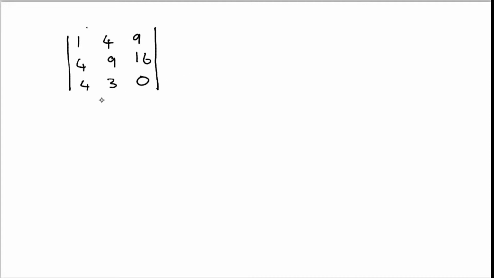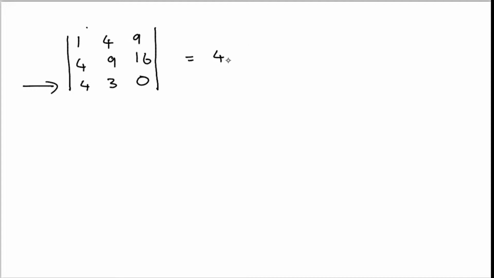So we can do it along this row. Determinant equal to 4 into, this 4 element is in the third row and first column, that is (minus 1) raised to 4, that is 1.